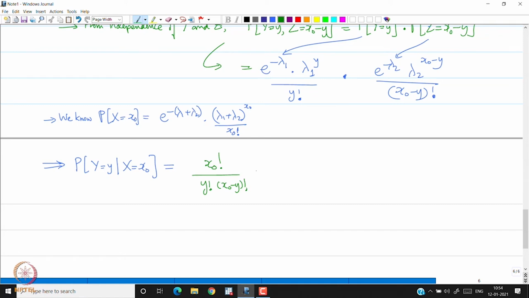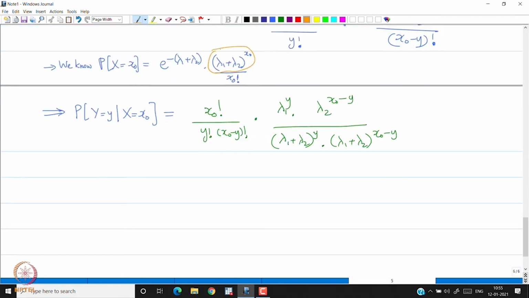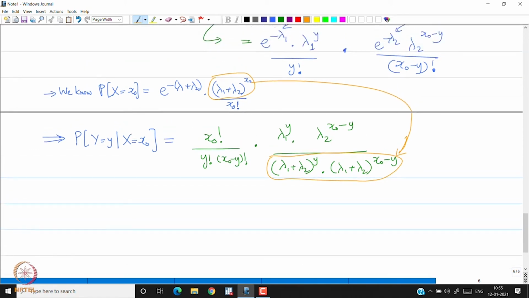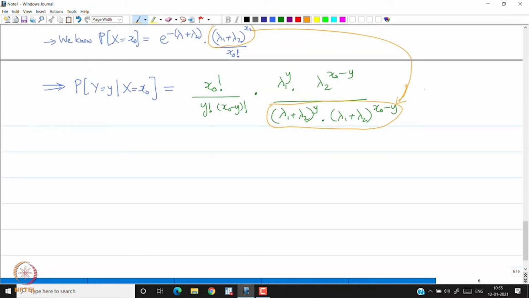This is multiplied by lambda 1 to the power of y, lambda 2 to the power of x naught minus y, and in the denominator I am going to split lambda 1 plus lambda 2 to the power of x naught as lambda 1 plus lambda 2 to the power of y multiplied by lambda 1 plus lambda 2 to the power of x naught minus y. And for what values of y? Clearly for small y in Ω_Y, that goes without saying.